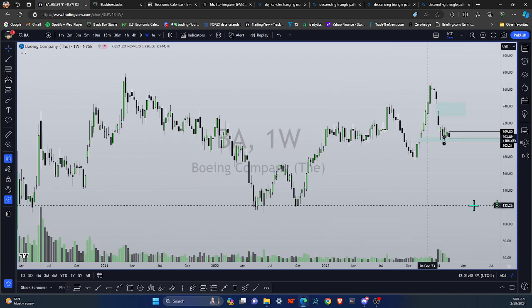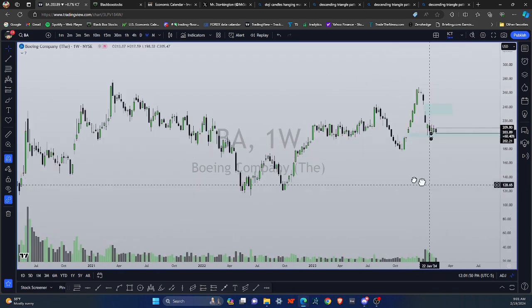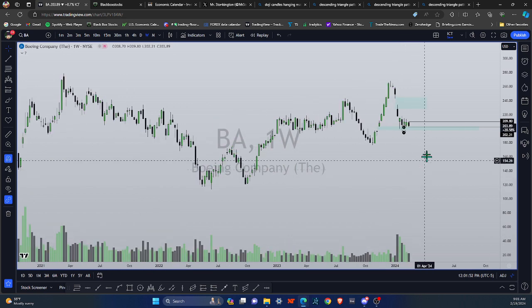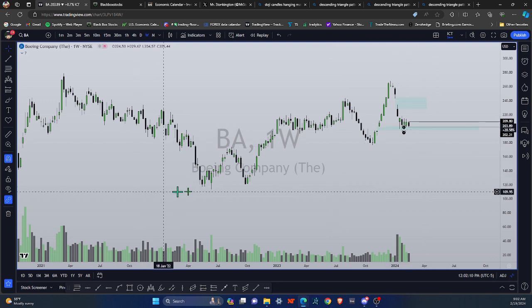The news has been so bad surrounding it, and clearly this is a key level going all the way back through all of this price action. You could potentially have a nice move down if we lose this. If this gives out, you've got potentially room down to this level here, or further lower.